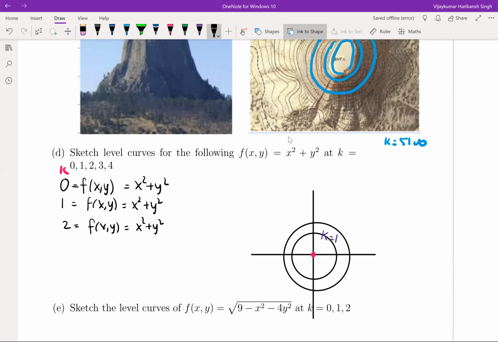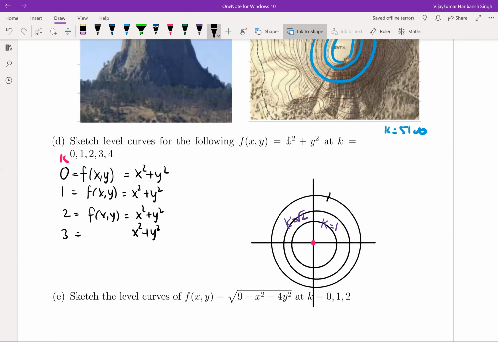So this corresponds to k equals 2. Then the next one would be 3. We again are solving x squared plus y squared equals 3, which is a bigger circle. So k equals 2 here, my bad.